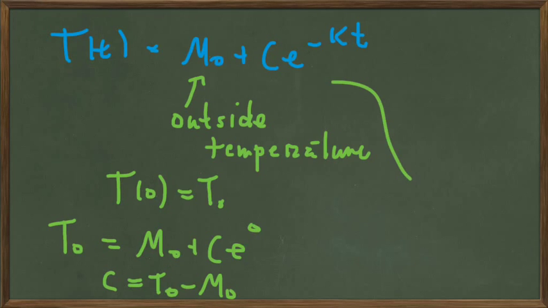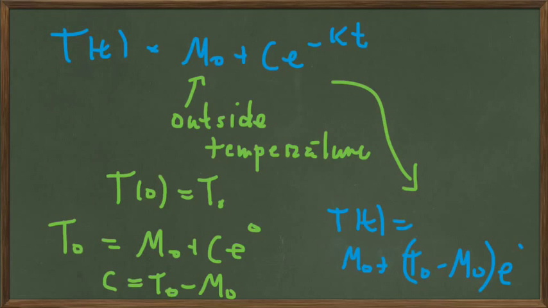Or you can take this solution and write it in this form, that T of t is M0, replacing the c with T0 minus M0, the initial temperature minus the outside temperature, e to the minus kt. So this is our case 1 formula where we have a constant outside temperature or a constant surrounding temperature.